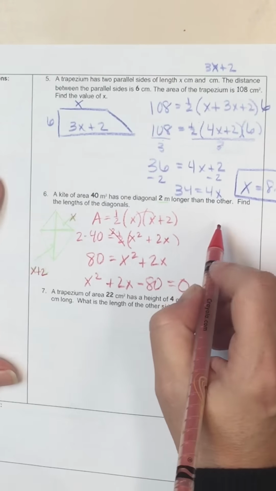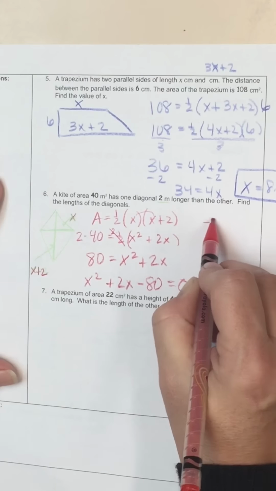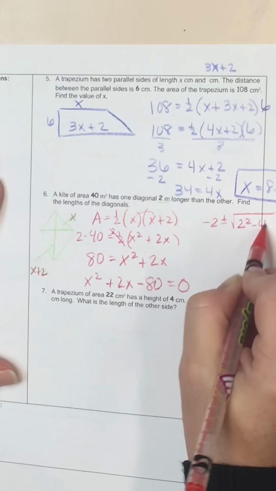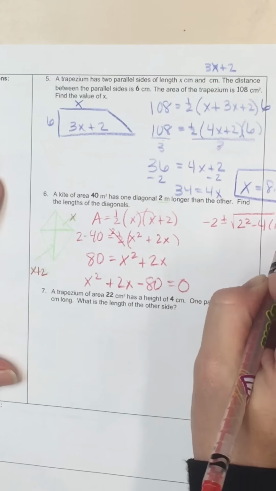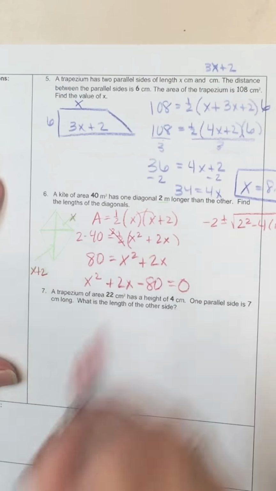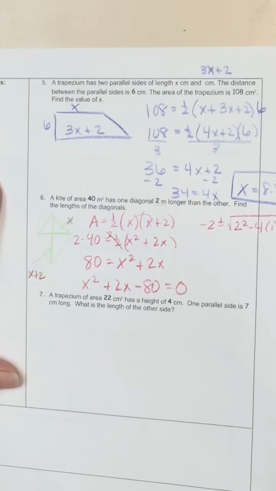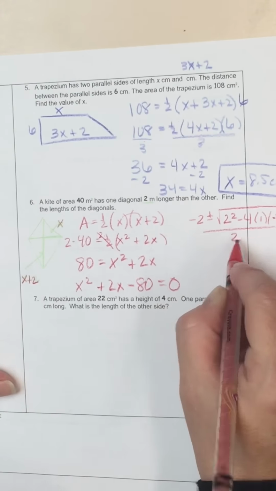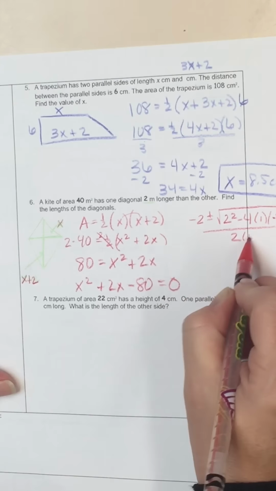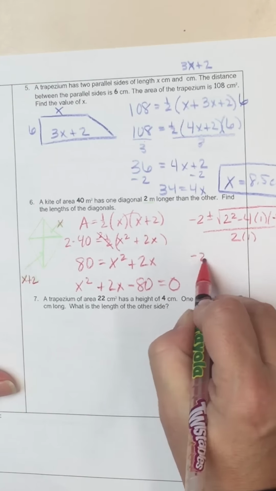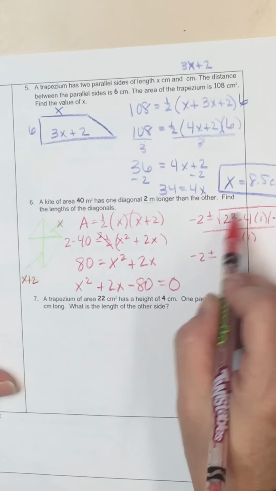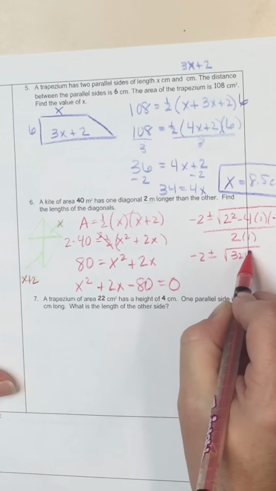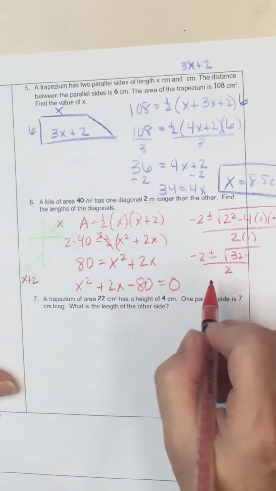When I plug that into the quadratic formula, I get negative 2 plus or minus the square root of 2 squared minus 4 times 1 times negative 80, over 2 times 1. That's negative 2 plus or minus the square root of 324 over 2.